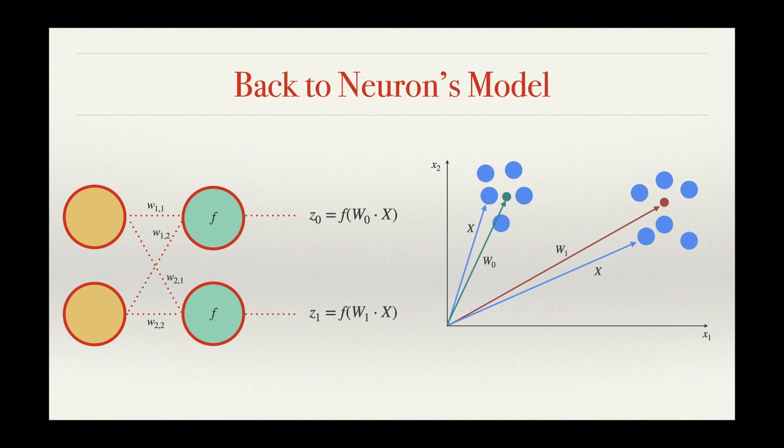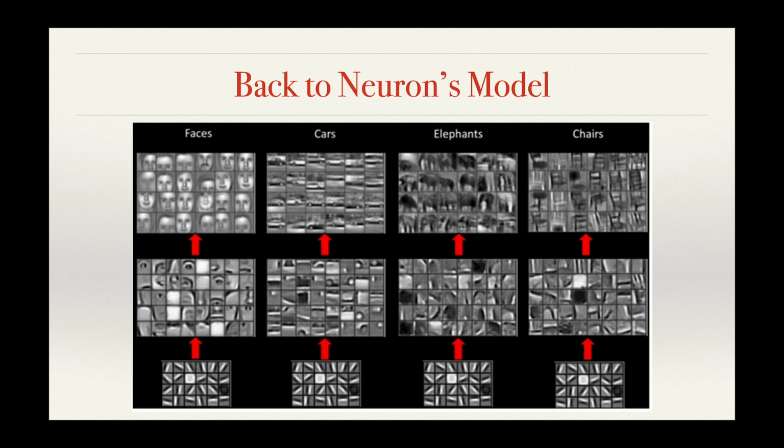So if we look at a more advanced example of this, and we will see that later in convolutional neural networks, and machine vision based neural networks, what we will see is that in the first layers, let's say the first hidden layer, neurons learn some basic features of the image.